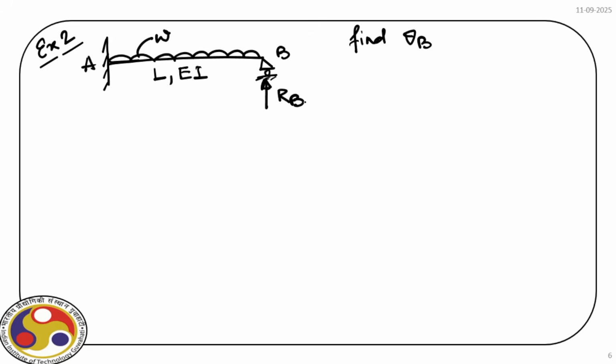So for this problem, we have to solve the reaction at the end first, and then we'll see how we can find out the rotation theta B. Okay, so for that, let us consider a section at a distance x.